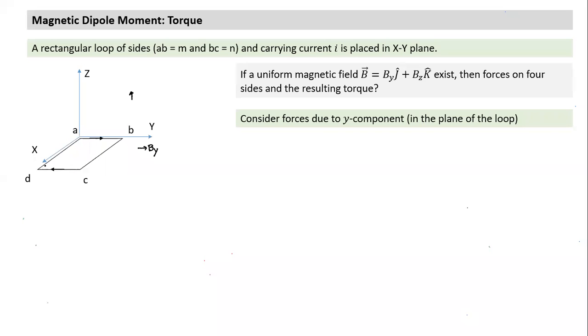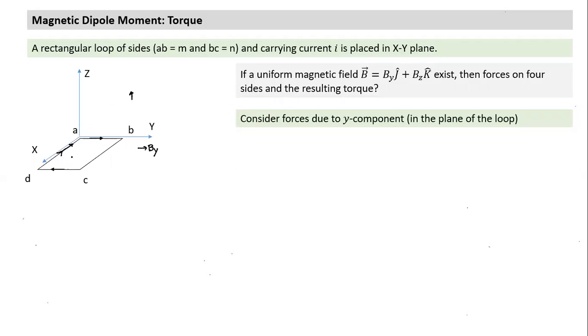How about sides AD and BC? How do you find the direction of force here? Either I can use the right hand rule. This is the direction of current, so this is my L vector direction, and this is the B vector. L cross B I can find using the right hand thumb rule.